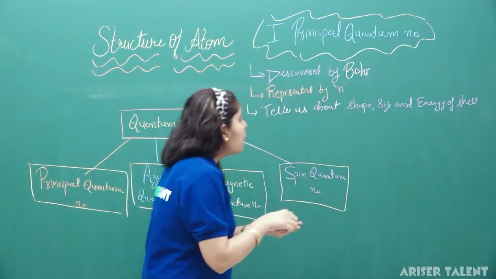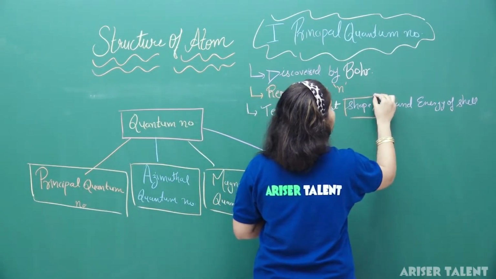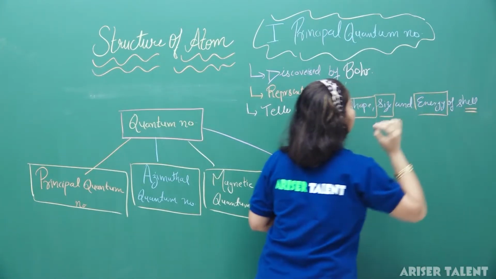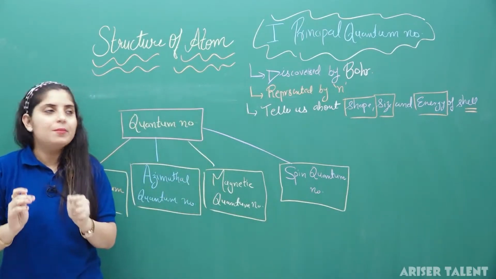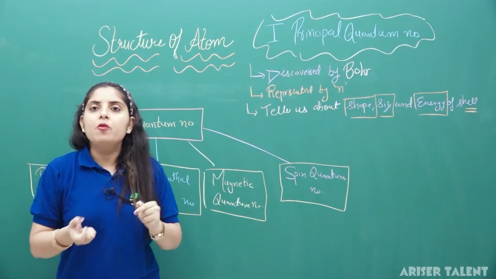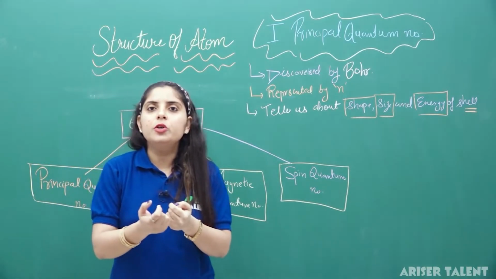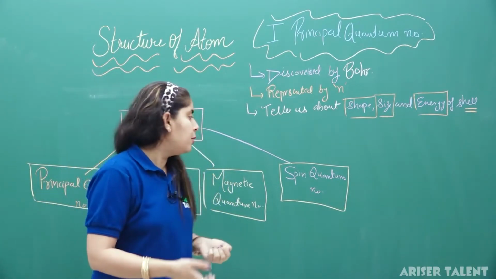So these quantum numbers will specify these three considerations, that is, shape, size and energy of the particular shell. So these are the three basic points about the principal quantum number. Now the principal quantum number can have any value starting from 1 to infinity. So we will substitute different values and get the maximum number of electrons in a particular shell.